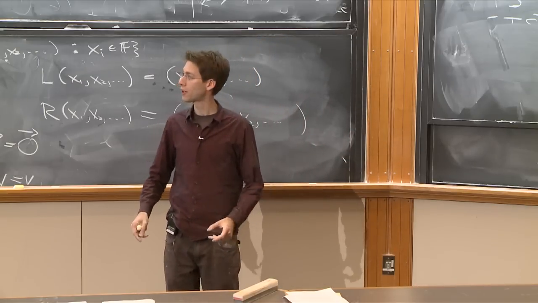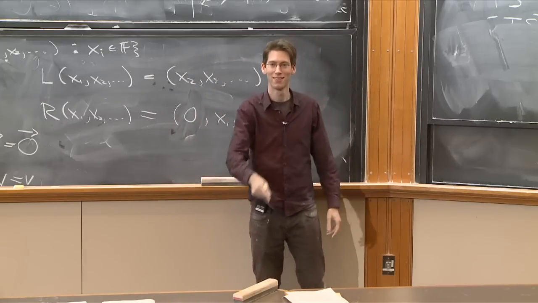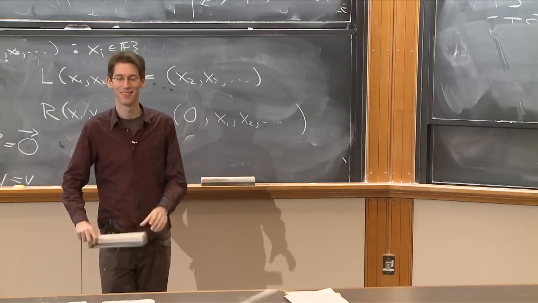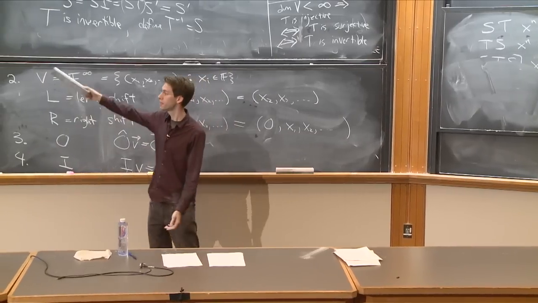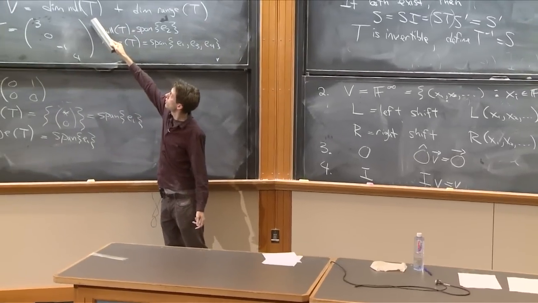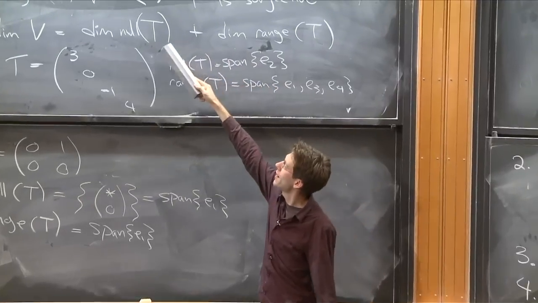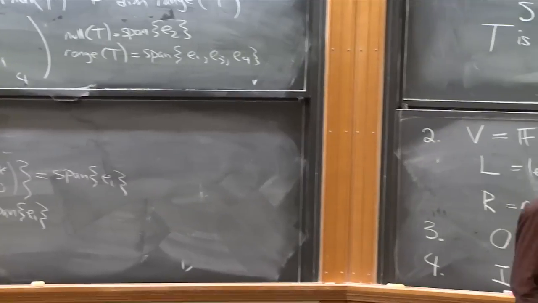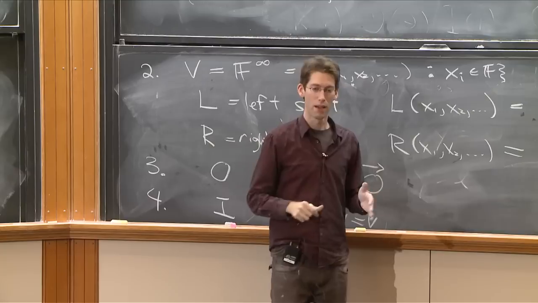There's a proof, actually, that makes use of something on a current blackboard, though. Well, you need the dimensions to add up. If the dimension of the null space is 0, you need the dimension of the range to be the whole space. Right. So from this dimension formula, you immediately get it. Because if this is 0, then this is the whole vector space. And if this is non-zero, this is not the whole vector space. This proof is sort of non-illuminating if you don't know the proof of that thing, which I apologize for.